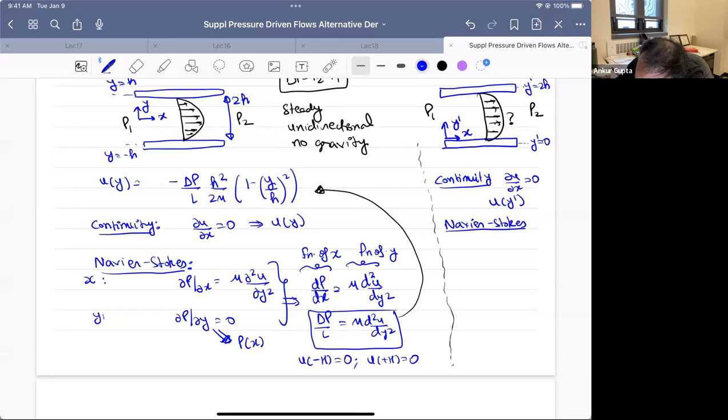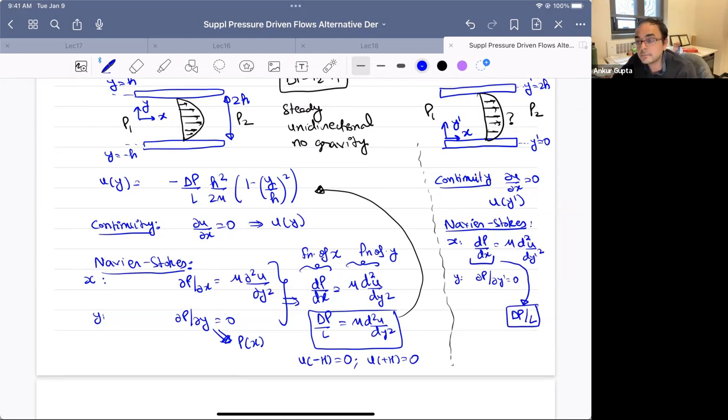If I do Navier-Stokes in the x direction, I will say dp by dx is equal to mu d square u by dy prime square, because del p by del y prime is equal to 0. And then this will become delta p by L. Okay, so this essentially is the same approach.